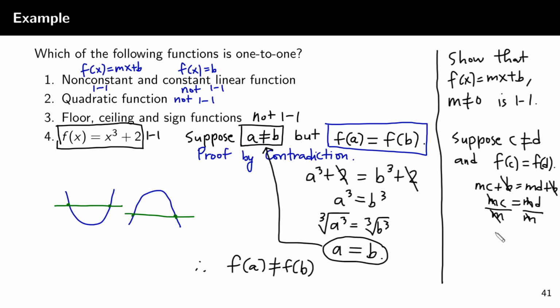And you will just get c equals d. And this is now the contradiction. It contradicts the assumption that c is not equal to d. So therefore, f of c is not equal to f of d, and thus f of x, which is equal to mx plus b, is 1-to-1.